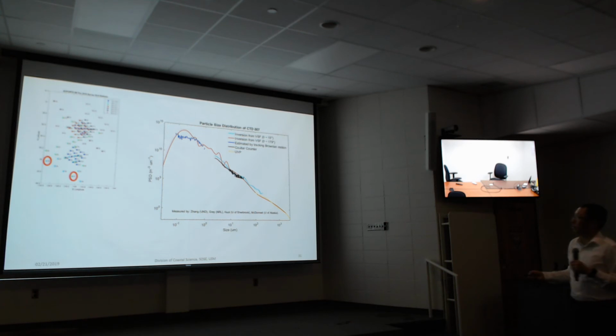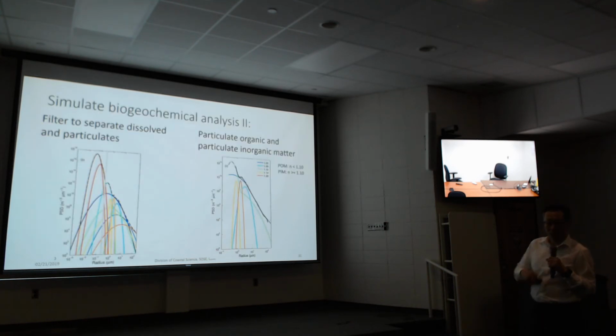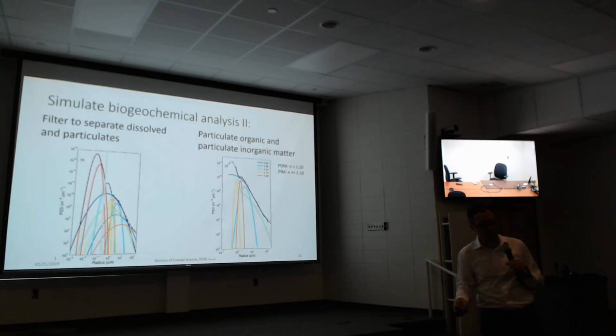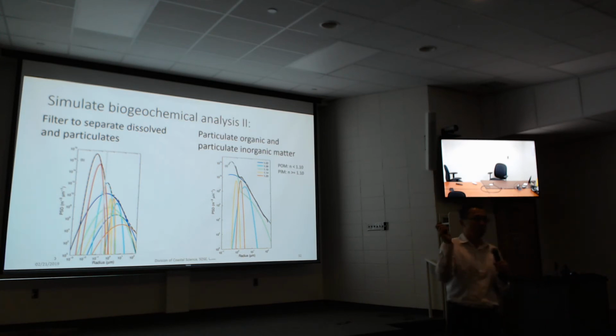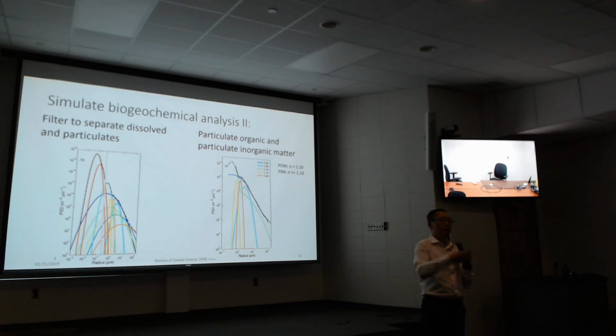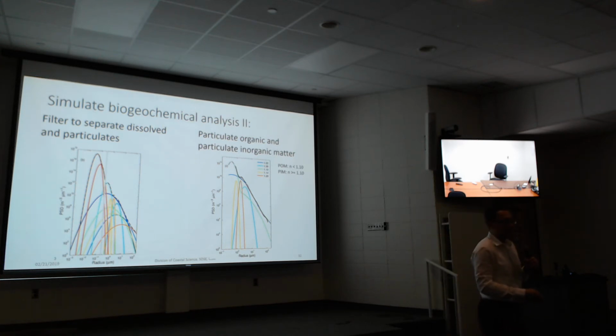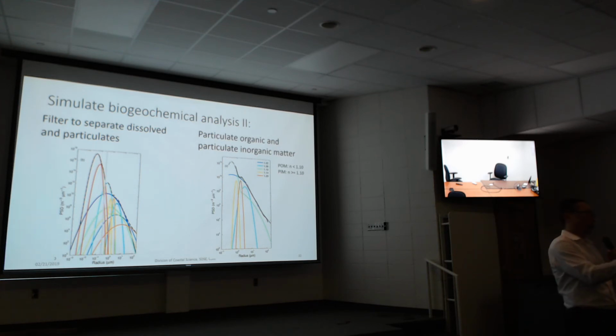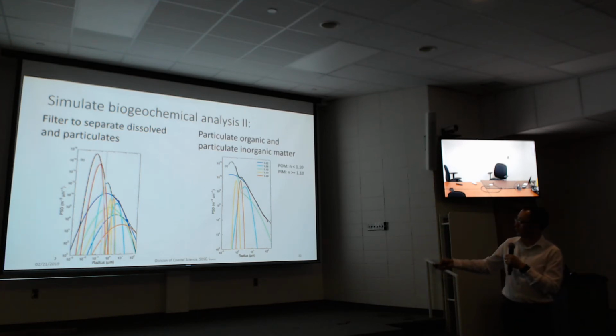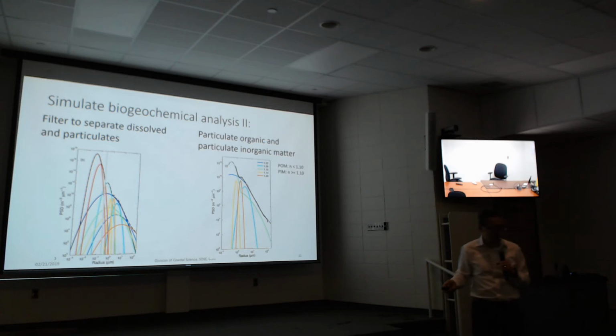So what else can we do? I'm pretty sure many of you are in oceanography. Sometimes we filter the sample, right? We collect water, we filter. And sometimes we use different filter pore sizes. Here I simply use a pore size of 0.2 micron. The typical use is to separate the particles into suspended and dissolved. So this gray vertical line is at the size 0.2.